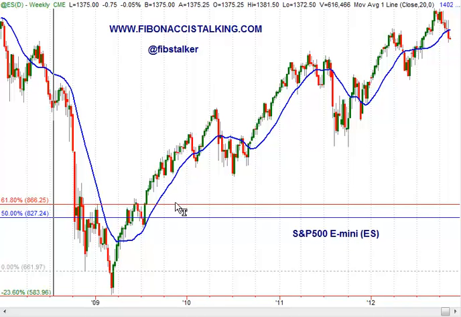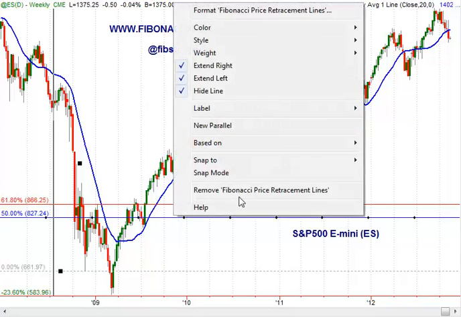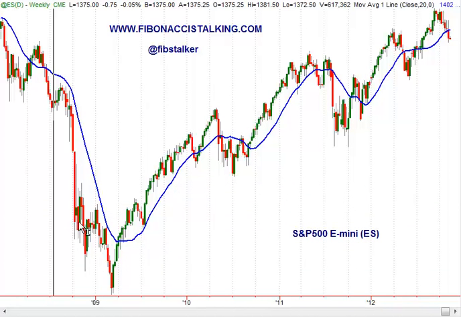Anyway, as you can see here, with price violating on the upside the 866 level, we actually decreed the end of this move lower and the beginning of the move higher.